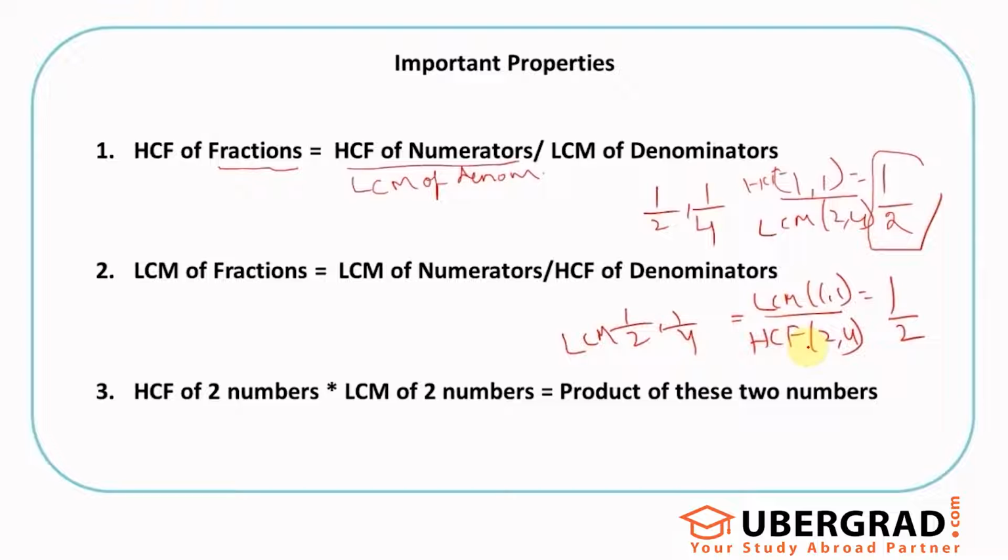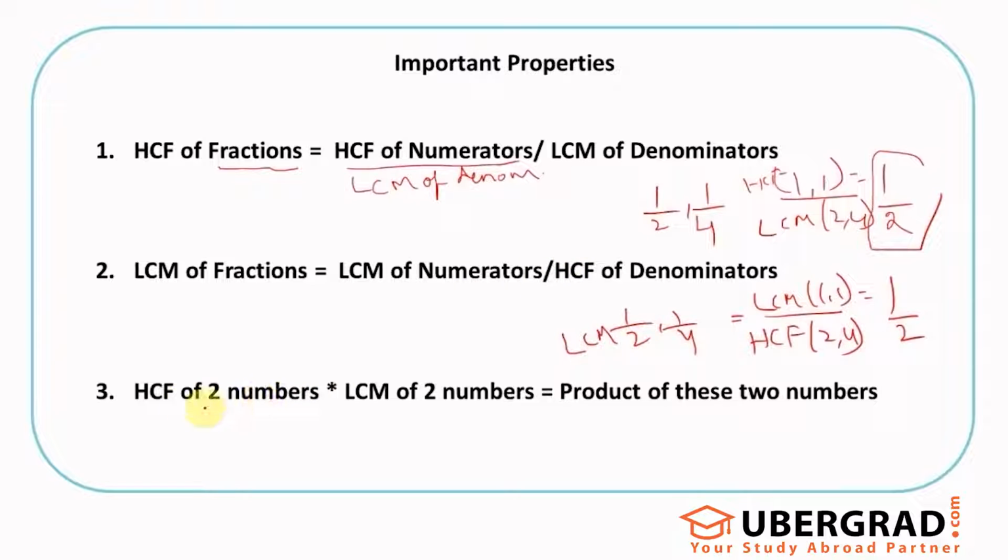And the HCF of the denominators 2 comma 4 is 2, which is the largest one that can divide both. Something similar applies for the HCF: it is 1 for the numerator, and the LCM of the denominators 2 and 4 is the least common multiple, which can divide both.